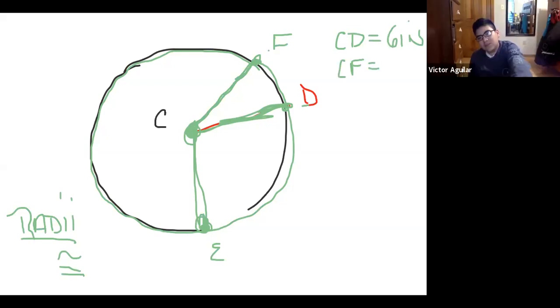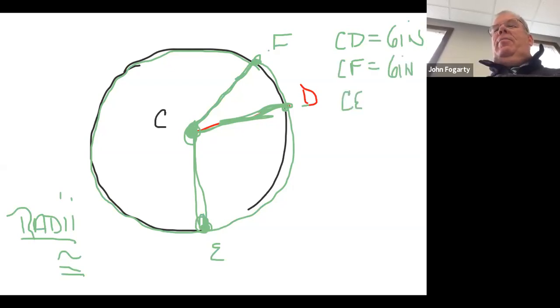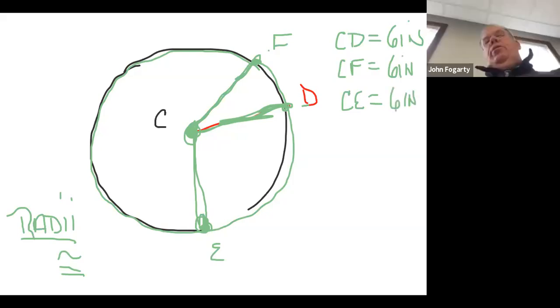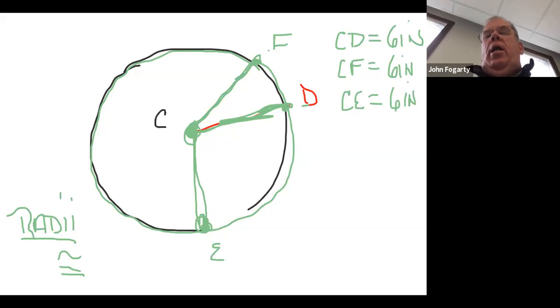6 inches. Thank you. And what do you know about CE? It's 6 inches. So there's your first line segment that we're going to talk about. A radius is a line segment whose two endpoints are the center and a point on the circle.